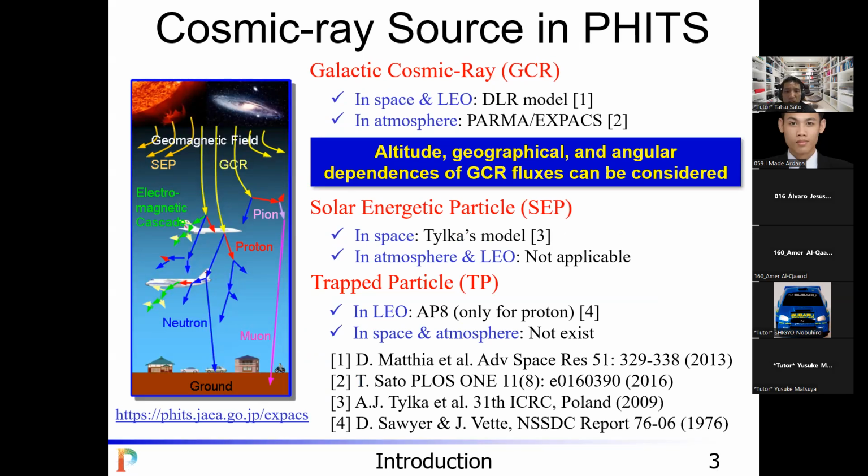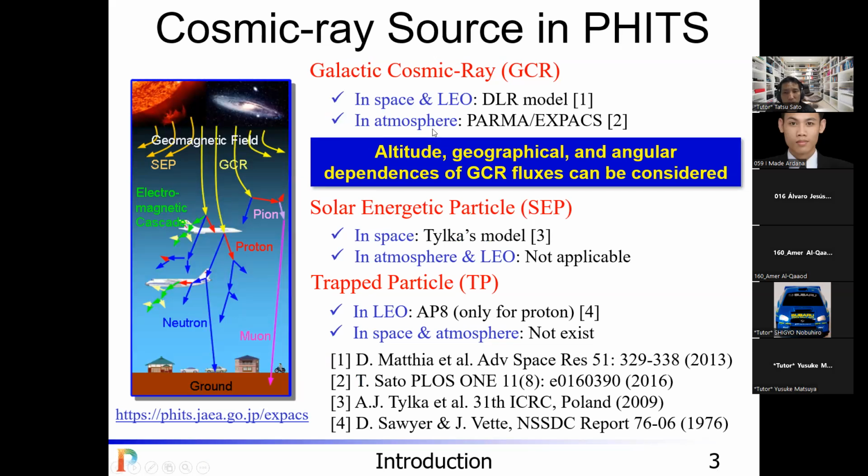In FITS, we use these models to generate the cosmic rays. For the GCR case, in space and low Earth orbit, LEO, which means in the magnetosphere but the orbit is rather close to the Earth, where the International Space Station is, we use the DLR model.